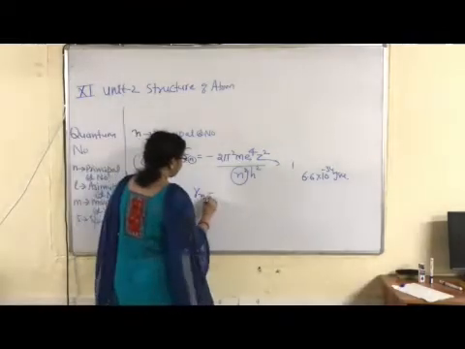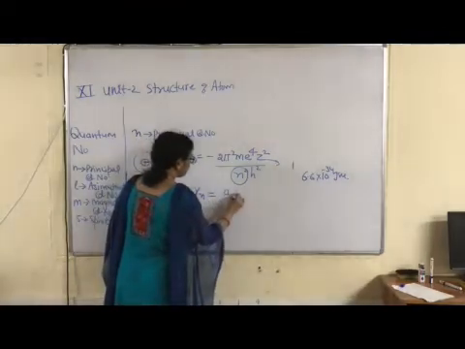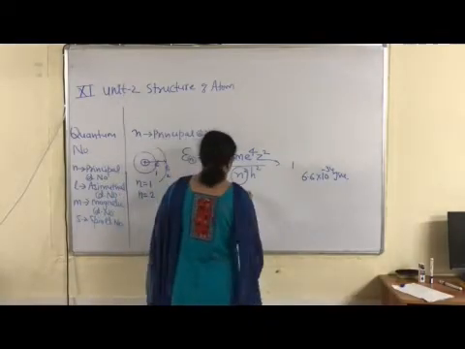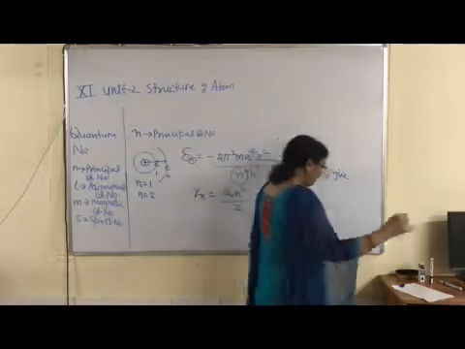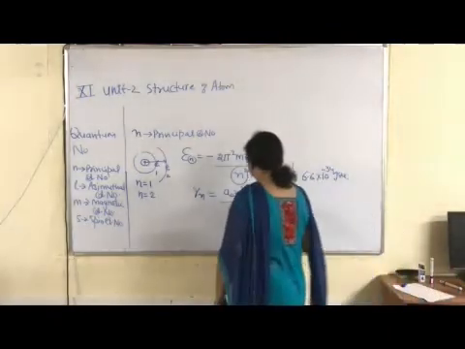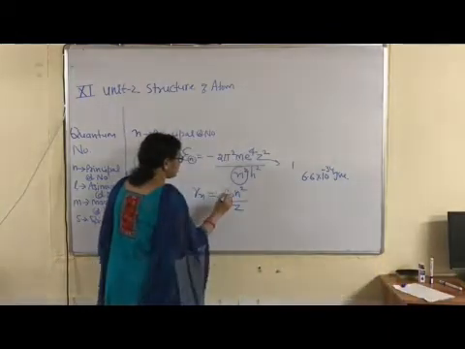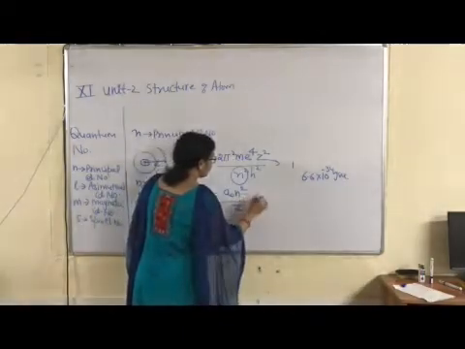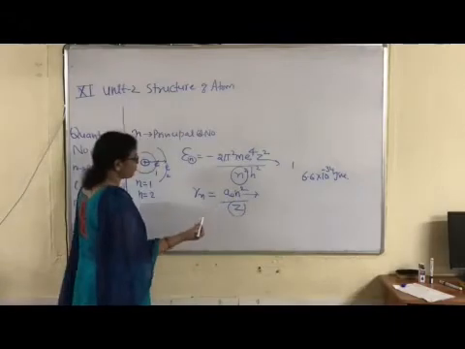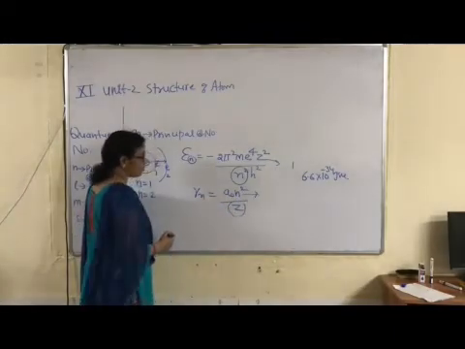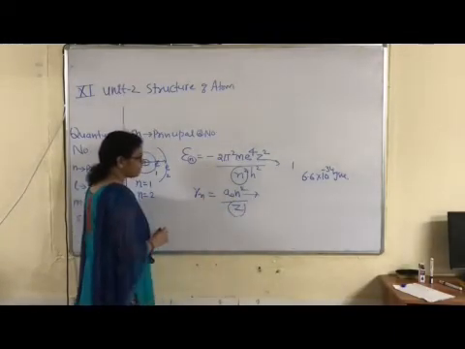Now the second is the radius of the orbit. Rn is equal to a naught n square upon z. Children, here a naught is a constant term, n is the principal quantum number and z is the atomic number. For a hydrogen atom, z is always equal to 1, so we can neglect this z term.